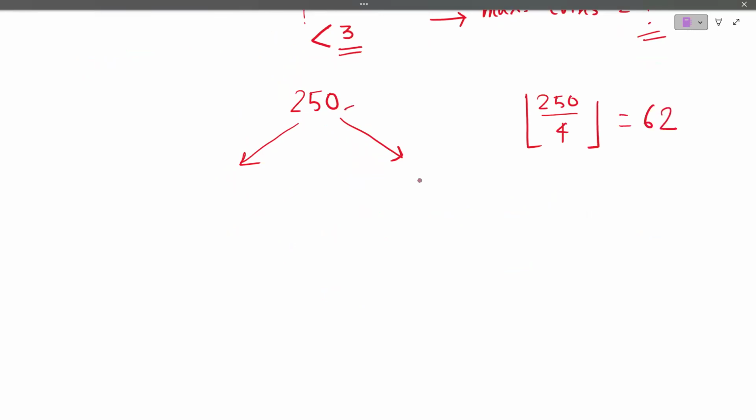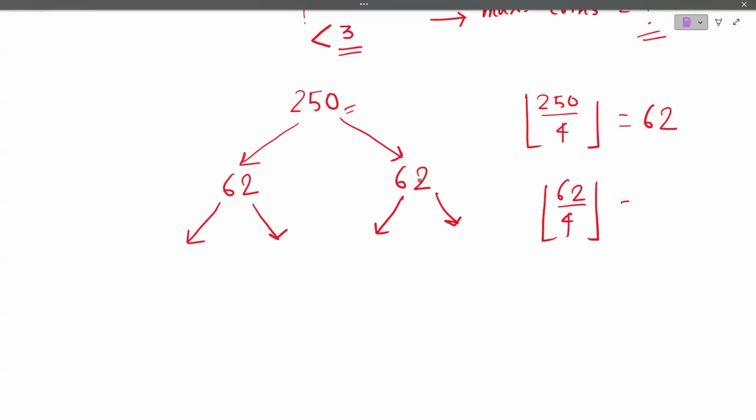So if I perform one operation on 250, I basically get two coins with value 62 each. I hope that's clear. Now I can perform this operation on this 62 also because I need to maximize the number of coins. So let me perform the operation on 62 itself. So if I perform the operation on 62, I get the value of 62 by 4, which is 15. So I get 15 on these coins.